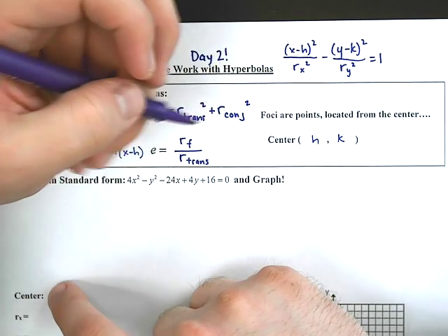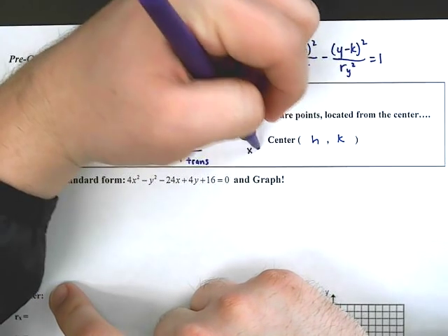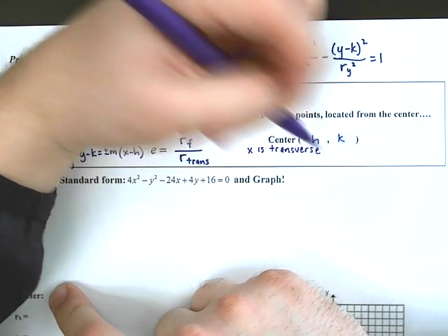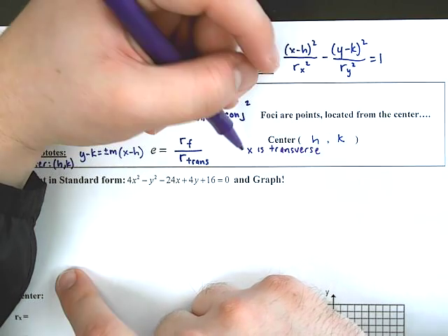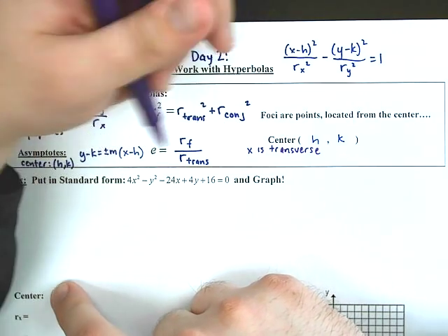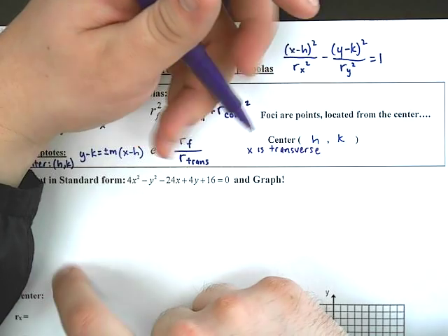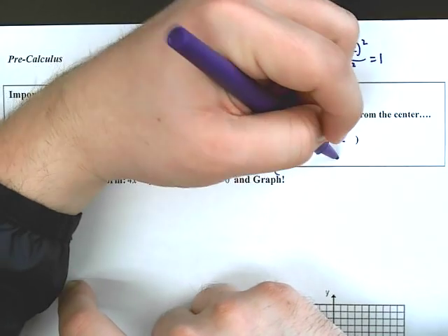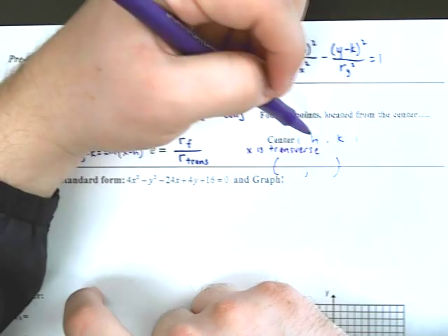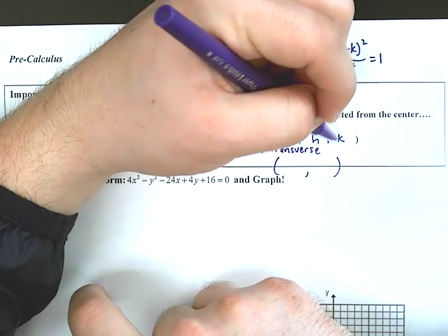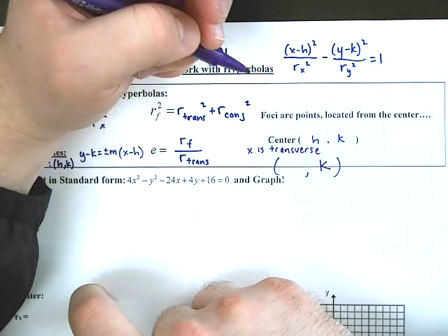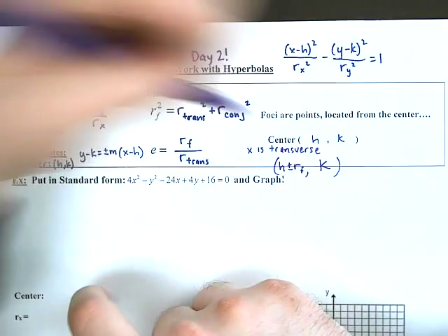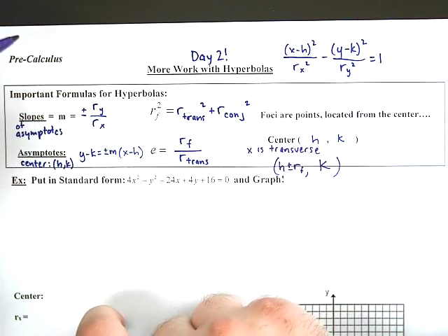If x is transverse, then we know the foci lie on the horizontal piece. So we take our center, the y value is not going to change, but we add or subtract r sub f from the h value.